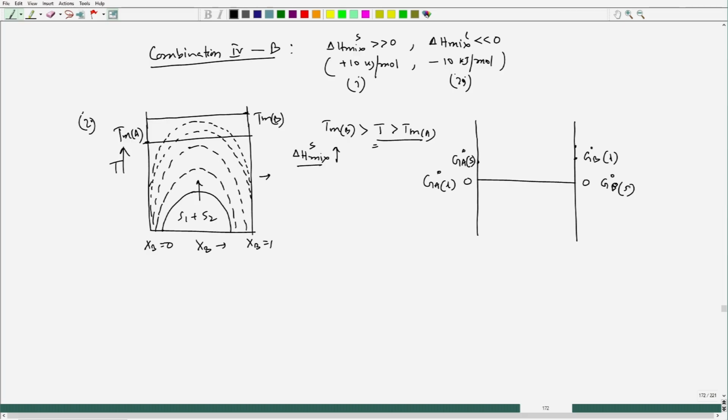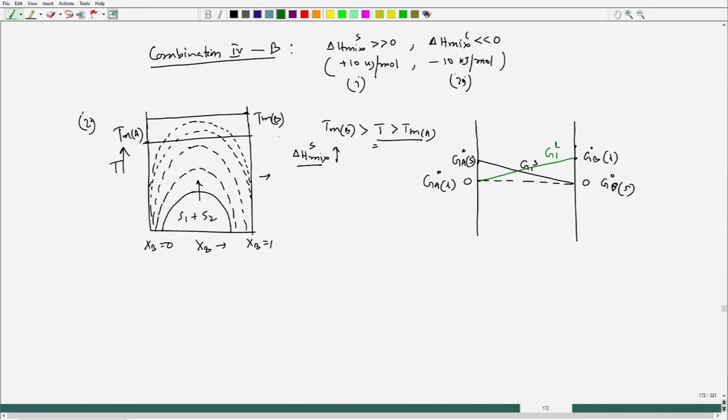So, this will be solid and liquid. So, now the solid G1 line would be, I can put this one as dotted, this is G1 solid and this is G1 liquid.